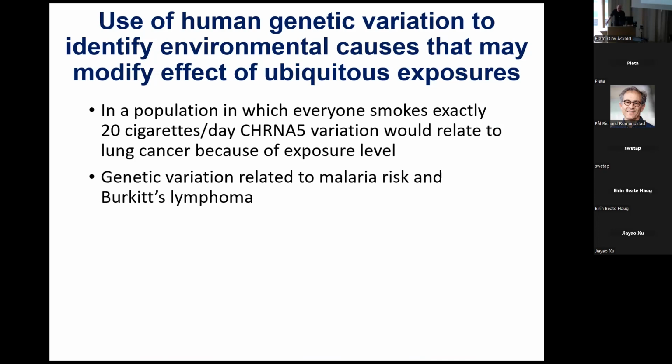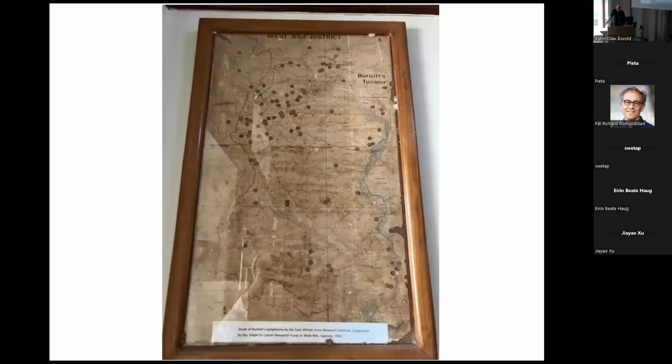And possibly my favourite recent example of this is genetic variation related to malaria risk and Burkitt's lymphoma. Of course, you can do Mendelian randomization. This is a terrible photograph because you can see me holding my phone pointing at it. But I was in Uganda at the MRC, what used to be the Virus Research Institute and MRC unit. This is Burkitt's original map of when he was identifying cases of Burkitt's lymphoma.